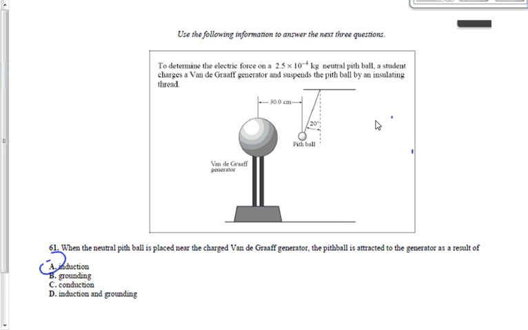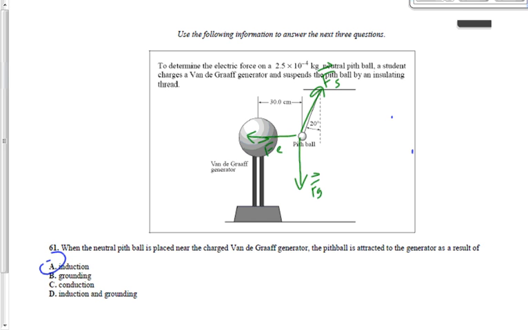The only thing that I could think to do, and not because I knew this was going to work, was draw a free body diagram. There are forces acting on this pith ball. There's gravity acting down, there's an electric force acting to the left, and there's a string acting this way. We'll call it Fs for the force of the string.